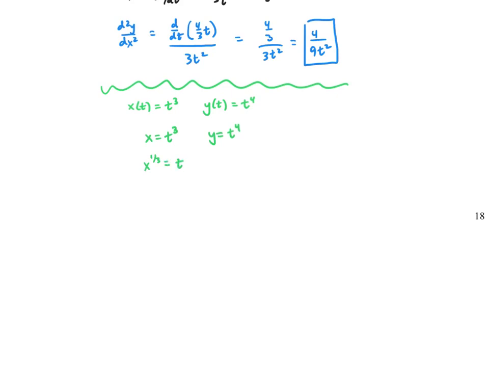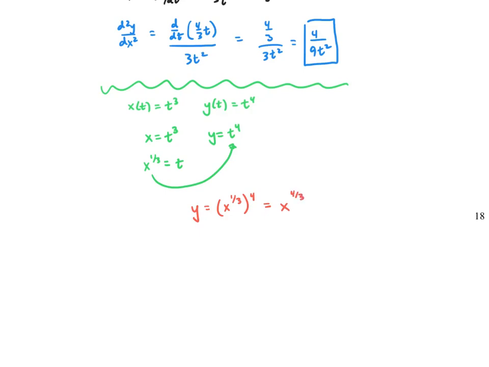What I'm going to do then is take that and substitute it in for t in the equation for y. So what we get is y equal to the quantity x to the 1/3 power to the fourth, because I've substituted in for t, which means I really just have x to the 4/3 power.